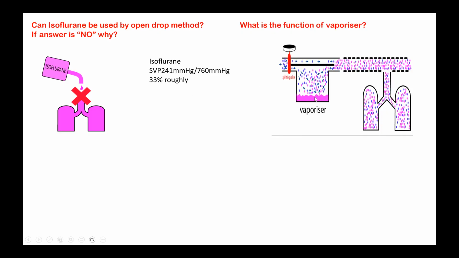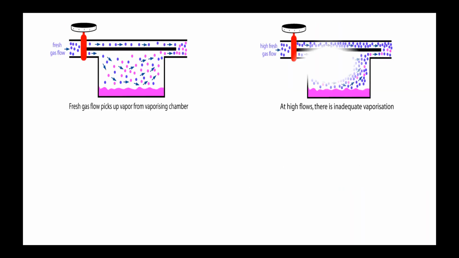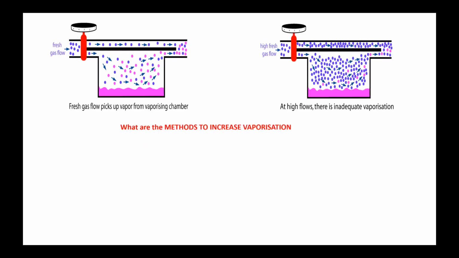So the function of the vaporizer is to deliver the correct concentration. So this one, gas and vapor again. Methods to increase the vaporization: fresh gas flow picks up vapor from the vaporizing chamber. So if you keep a higher flow, will it pick up more vapor or less vapor?